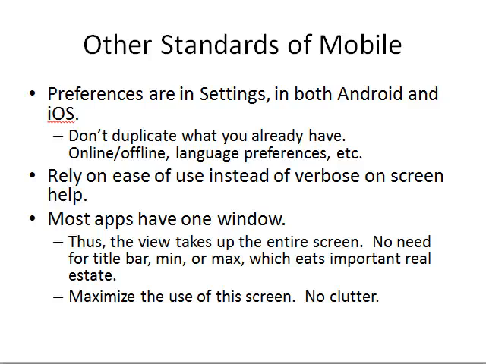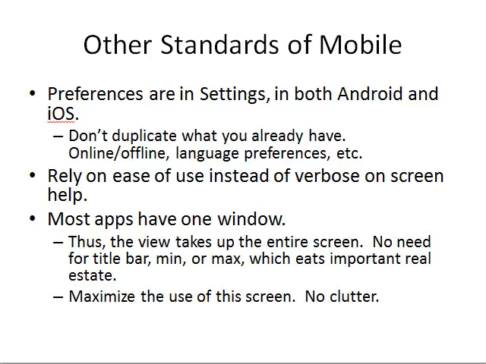You can tell it no data. You can put it in airplane mode. Don't duplicate that. Similarly, and this is really handy if you're looking into internationalization, you can set your language preferences centrally, and the app will know to look in a specific folder for translations of all the text on your screen. You have to provide the text, but the app can handle that seamlessly. So don't duplicate what already exists.